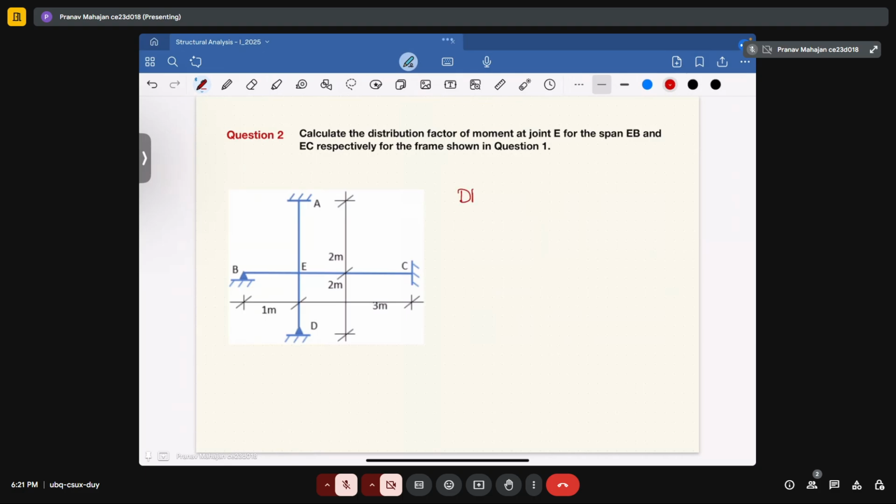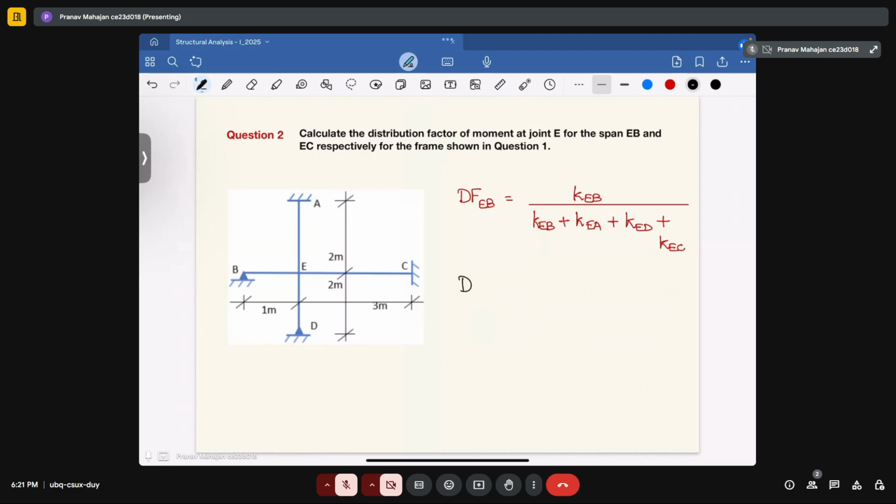Your DF for EB will be equal to K of EB divided by K of EB plus K of EA plus K of ED plus K of EC.